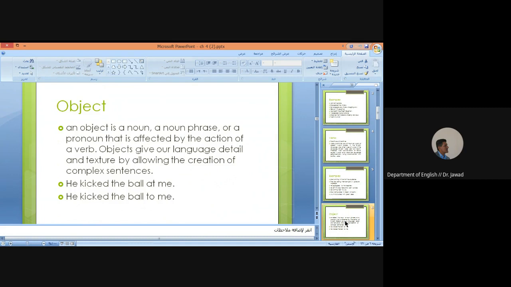Now we come to the element of an object. This element is also one of the basic ones, employed in sentences that contain a transitive verb.